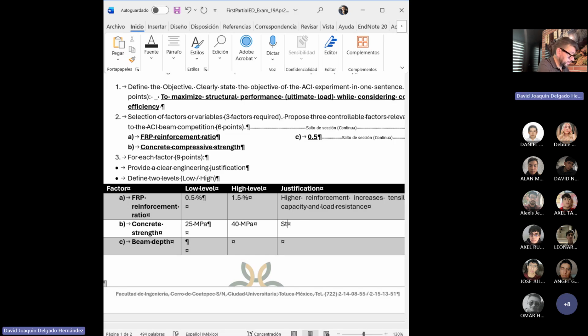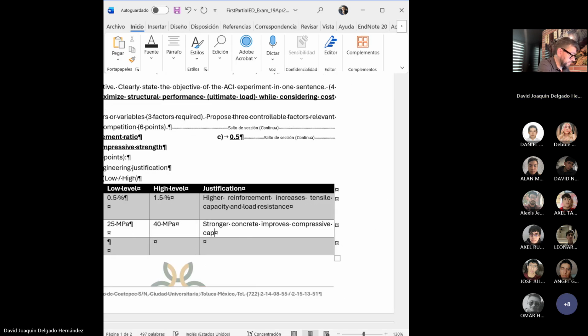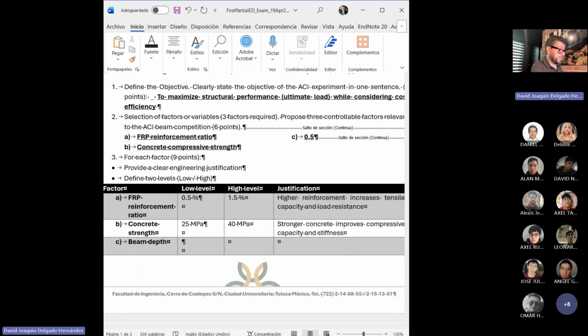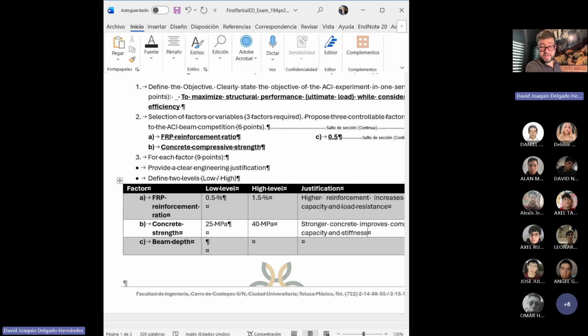So a stronger concrete improves compressive capacity and stiffness. Okay, so if you use a higher value of the concrete strength, so the capacity is better for the beam.